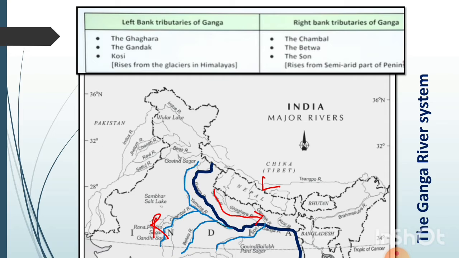These tributaries are the right bank tributaries of the Ganga. What are the names? The Chambal, the Betwa, the Son, etc. And these are the left bank tributaries of the Ganga: the Ghaghara, the Gandak, the Koshi.